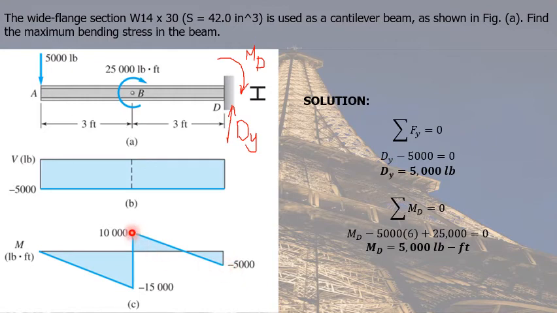So we connect 10,000 and negative 5,000 with a straight line. And at point D, we have moment D, which is clockwise, so we have a positive 5,000 pound-feet. So we simply add negative 5,000 plus positive 5,000 pound-feet, which is equal to 0. So we go back to 0. In our moment diagram, we went from 0 and back to 0.